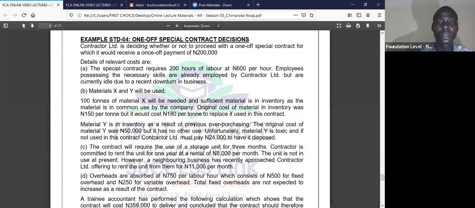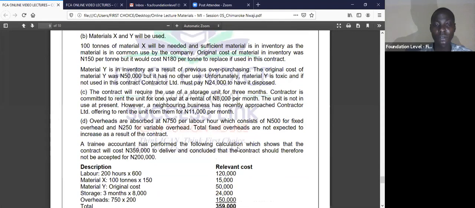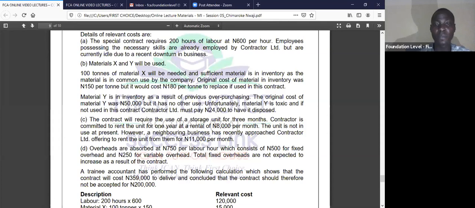Then overheads, he or she now brings the whole full figure, 750 multiplied by 200. So it's the same 200 that we use for labor. Okay. So, overheads, 750 multiplied by labor per labor hour. You see, it's per labor hour.